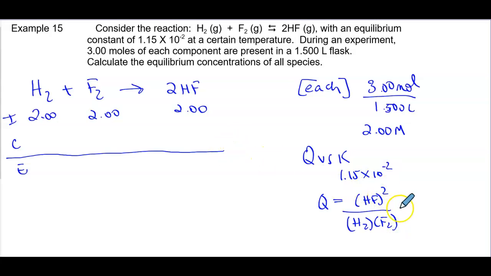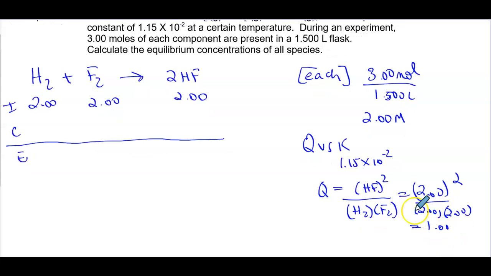So therefore, I'm going to put 2.00 squared over 2.00 times 2.00, and you can see this all becomes 1.00. If you need to crank that into your calculator to numerically see that, please do that. So then I can put this back up here as 1.00.